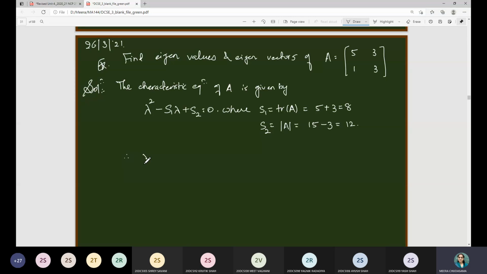So therefore lambda square minus 8 lambda plus 12 is equal to 0. This is the characteristic equation of A.